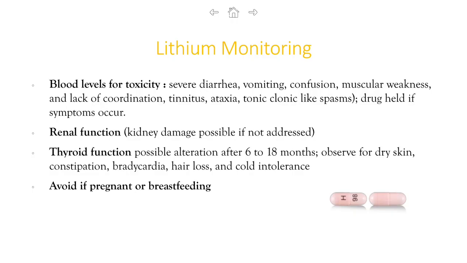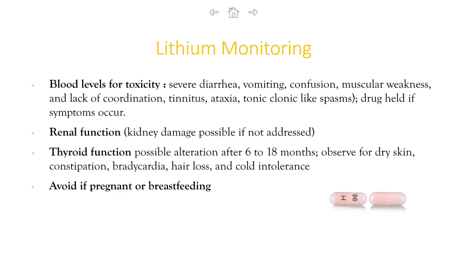Lithium monitoring, blood levels for toxicity need to be checked. Severe diarrhea, vomiting, confusion, muscle weakness, lack of coordination, tinnitus, ataxia. So if they have toxicity, I want you to think cognitive symptoms. So confusion, ringing in their ears, if they're having tonic-clonic type spasming, ataxia, so they're walking and their gait is off.